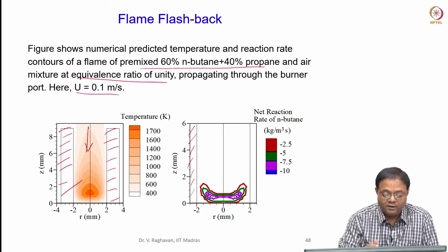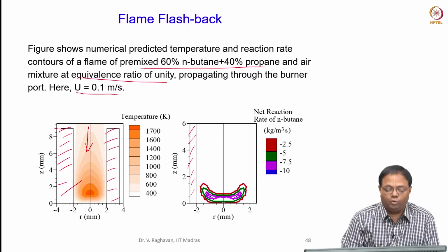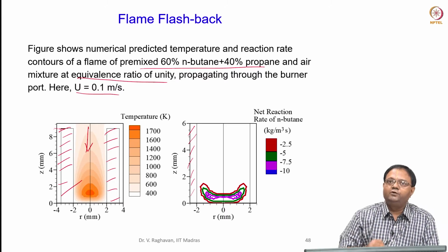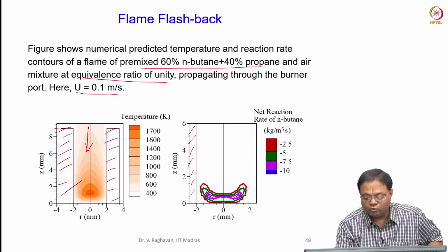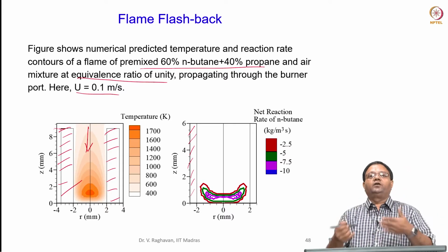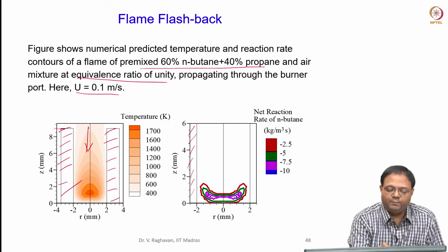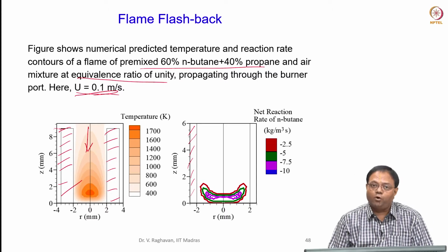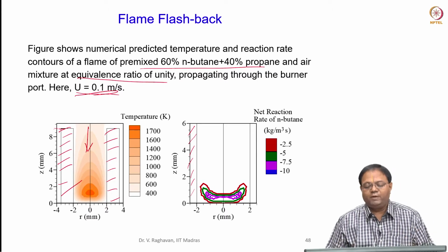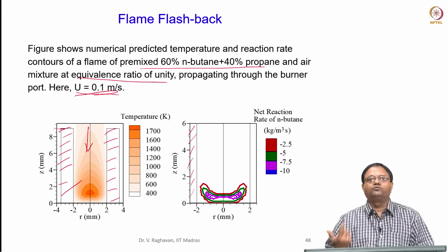On the other hand, here is the burner rim, and the flame has propagated down here towards the zero, like the origin, and the reaction zone is formed right at the entry of the gas. Because velocity is so low, the unburnt gas velocity is 0.1 meter per second, and the flame speed is about 0.4 meter per second. So the flame will not wait till the reactants reach it, the flame has propagated down to consume the reactant.